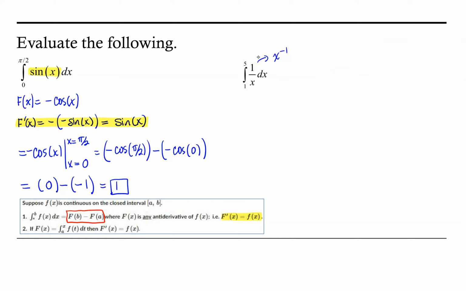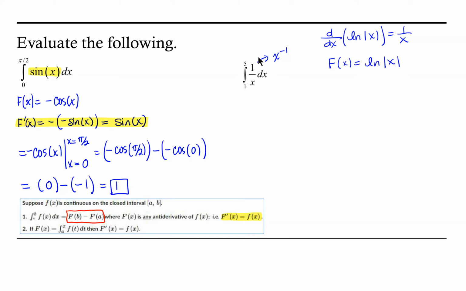So what we do need to do is we need to recall that the derivative of the natural log of x is 1 over x. So my antiderivative should be the natural log of the absolute value of x.